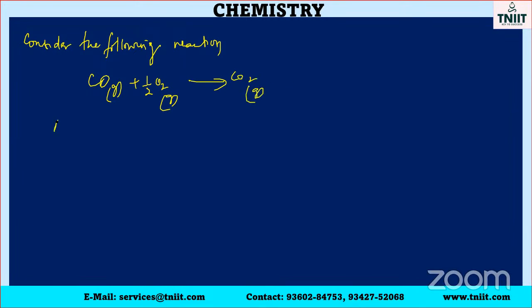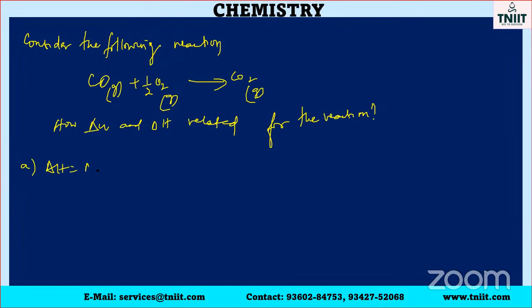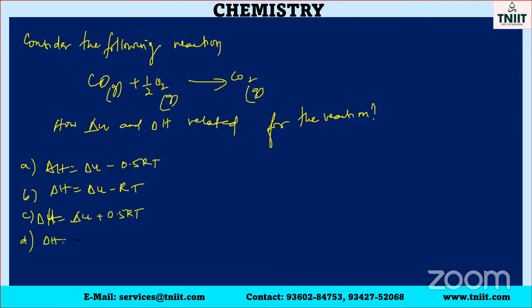How are delta H and delta U related for the reaction? The options: A, delta H is equal to delta U minus 0.5 RT. B, delta H is equal to delta U minus RT. C, delta H is equal to delta U plus 0.5 RT. D, delta H is equal to delta U minus 1.5 RT.